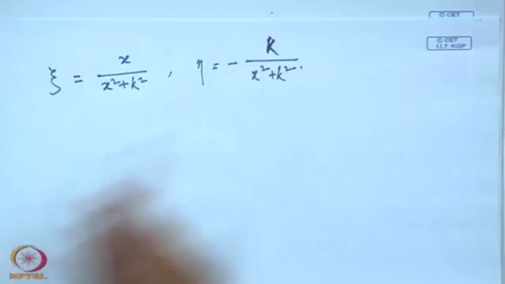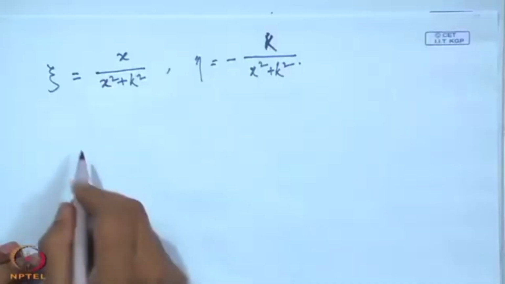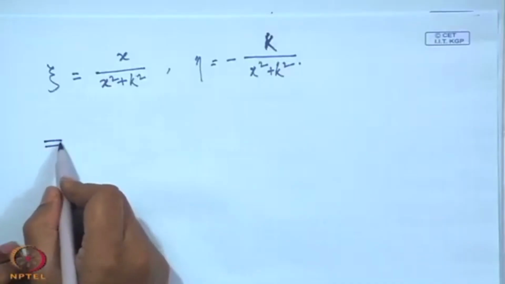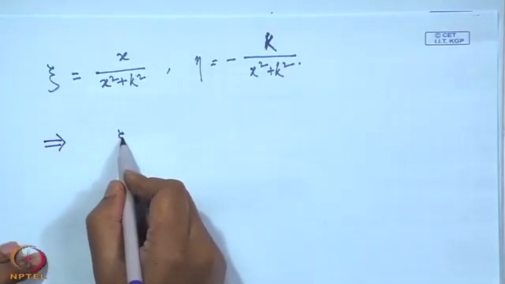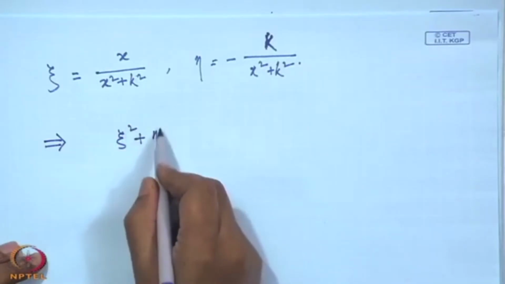Simple, from the second relation find x, put it in the first. What is it?